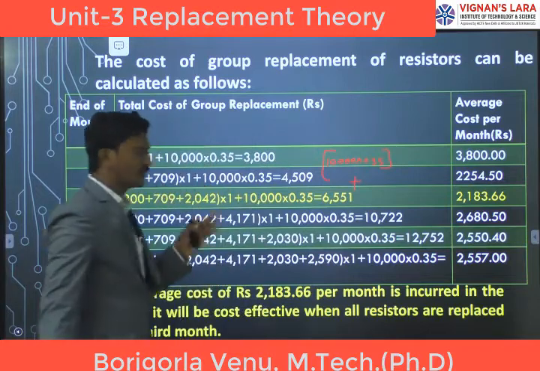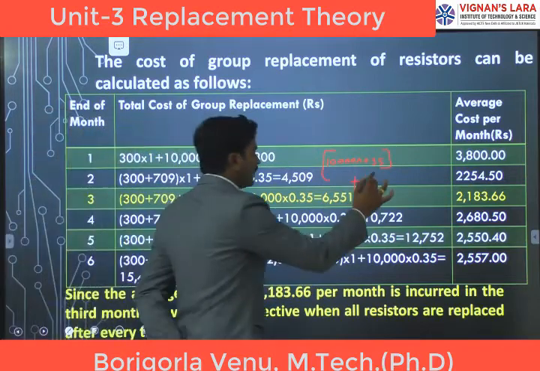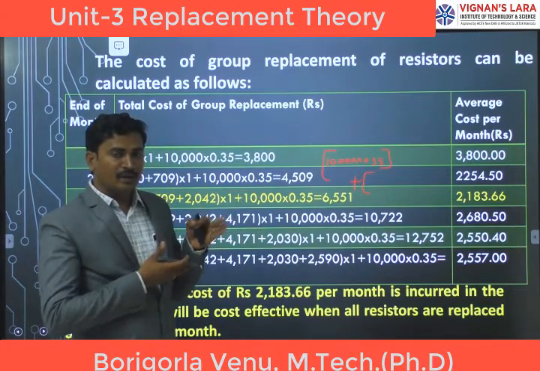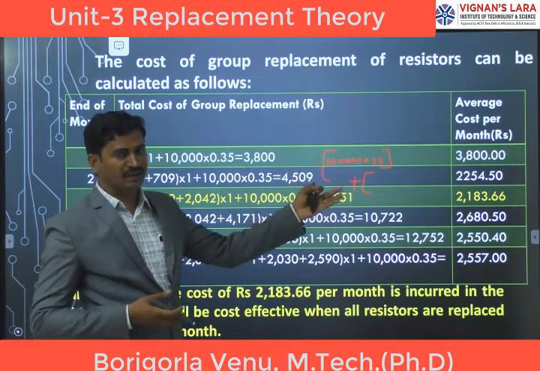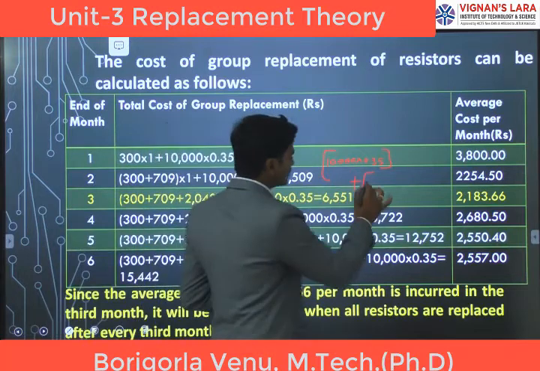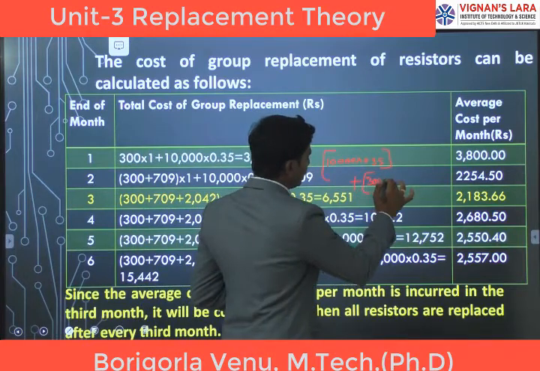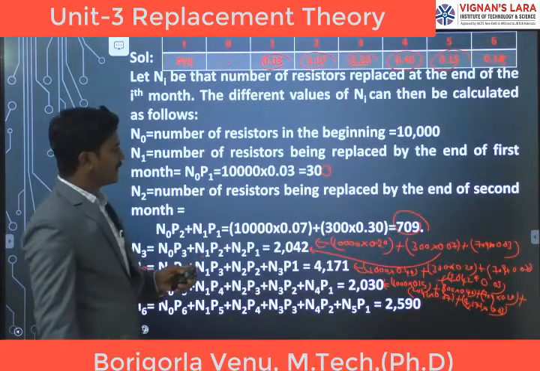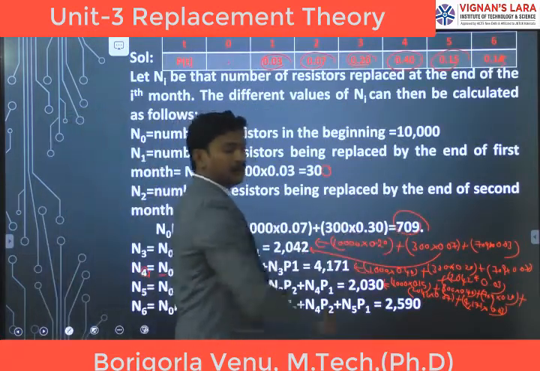Plus, next we come to the second month. First we have to take the cumulative values of the first month and second month. At the first month, 300 resistors failed, and in the second month, we calculated 709.